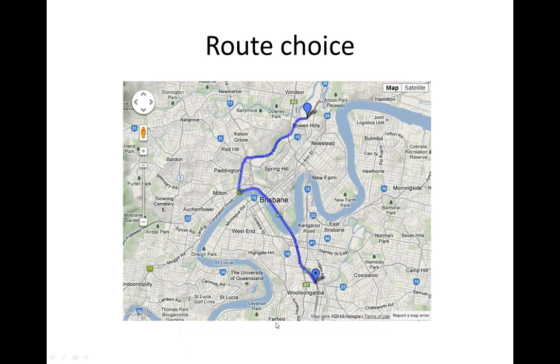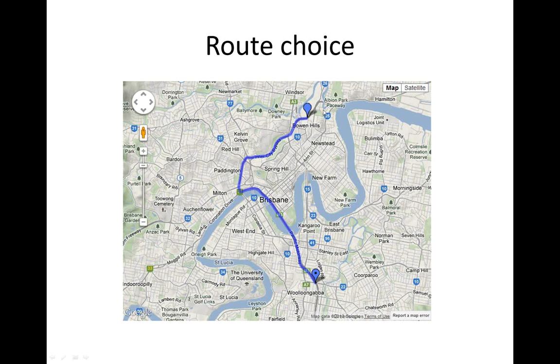All right. The next step: say we have determined the number of trips by car going from point A to point B. The next decision to make is which route to take. This is a map of Brisbane from Google Maps.